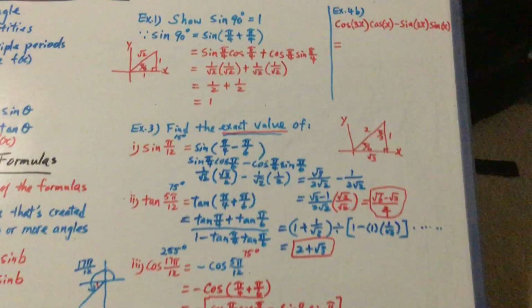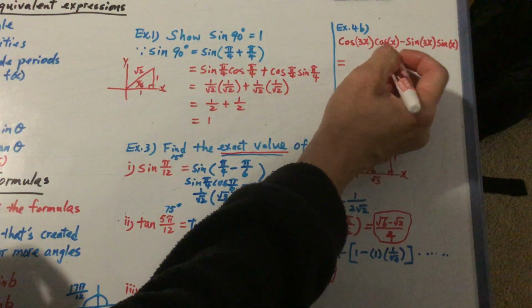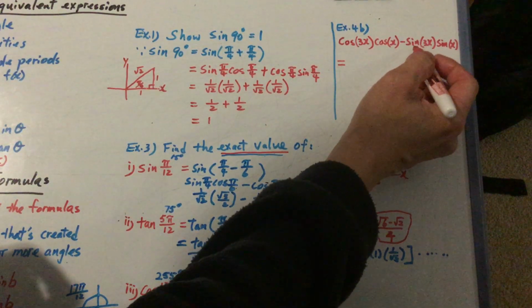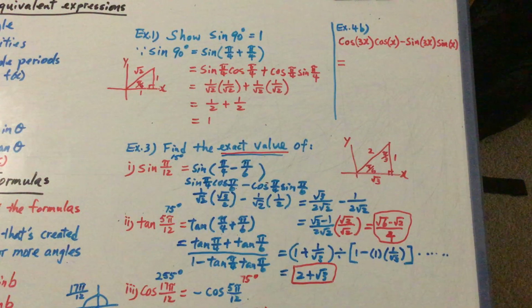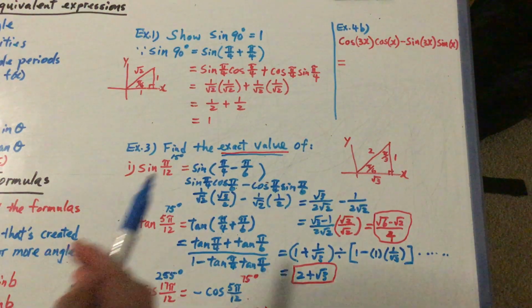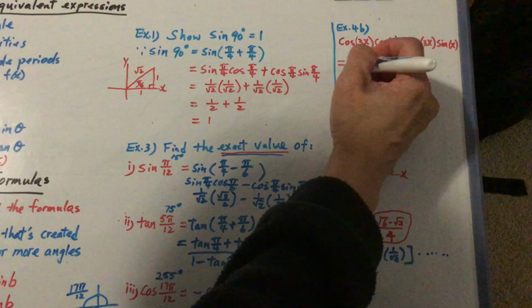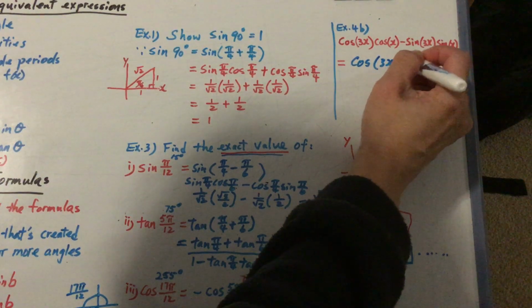And finally, I want you to look at example number 4b. This is when you get something that is already in the compound angle formula, with the A and the B. So when you have cos 3x times cos x minus sine 3x sine x, that really will give you the compound angle formula for the cosine when you have A plus B. If you look at the formula, this one is actually the same as cos of 3x plus x.